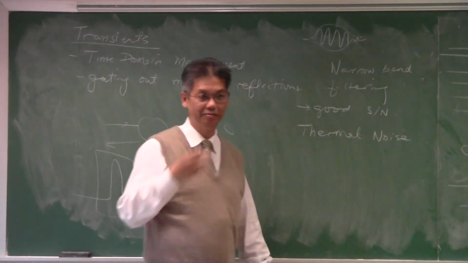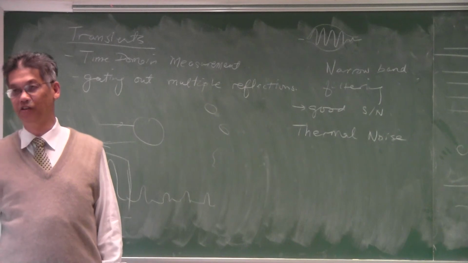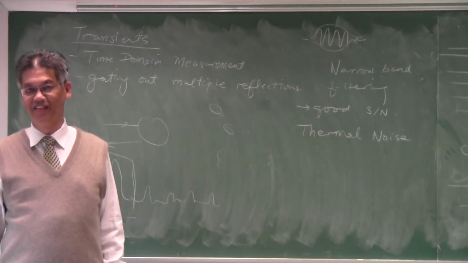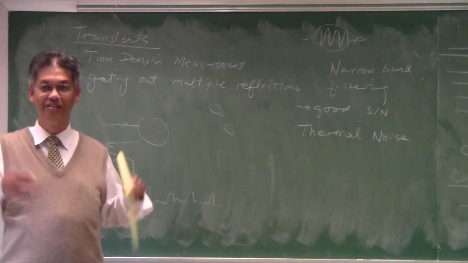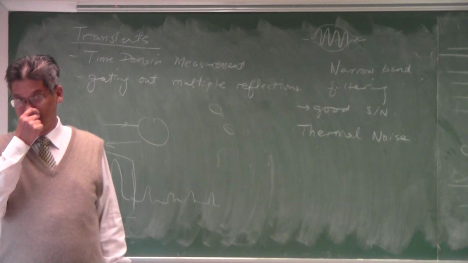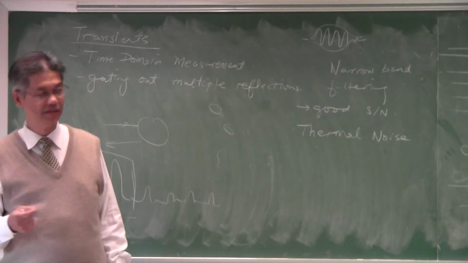If you do any measurements in the lab, you cannot escape from thermal noise because you have to do the measurement at room temperature. Unless you're very rich, you can do the measurement in a cryogenic system and cool down the whole room. Otherwise, all your electronic systems have resistors, transistors, capacitors, and those generate thermal noise.